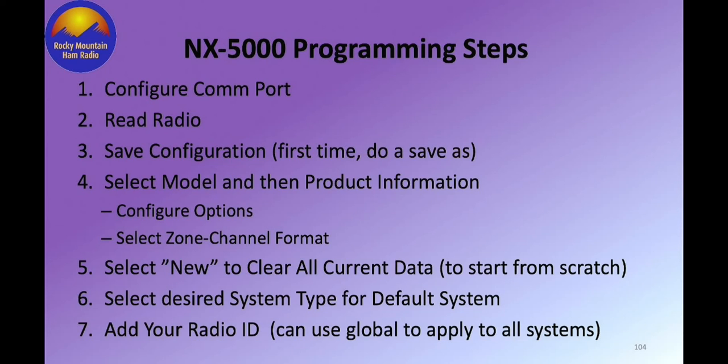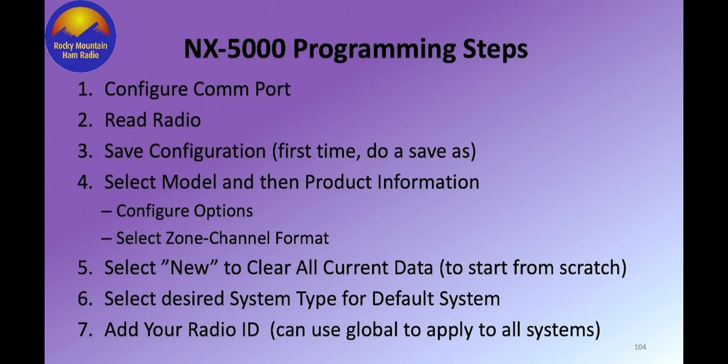But with the NX5000, these are the programming steps, and these are using the channel configuration. Again, it's the same steps. It's a matter of, do you add your physical channels at the system level, or do you add them at the zone level? So again, you've got the presentation.